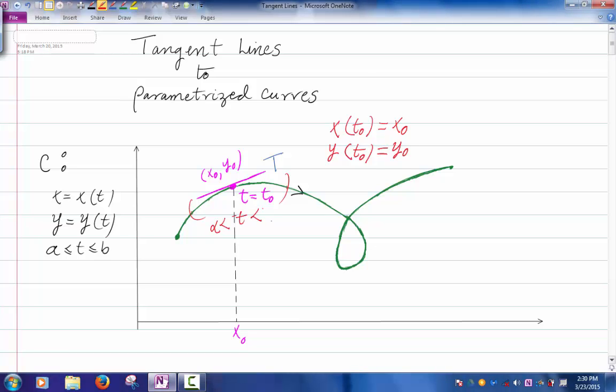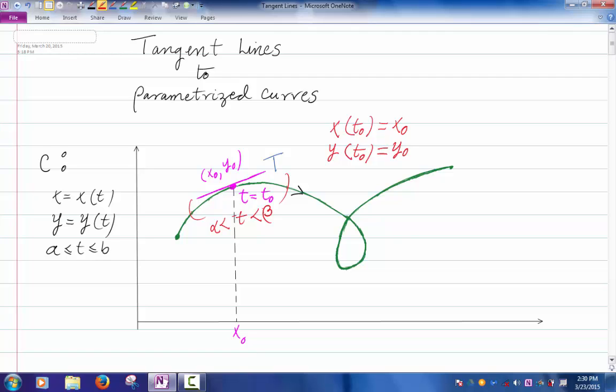So when t is between alpha and beta, let's say I obtain that small portion around the point x0, y0. Is my notation clear? So I am picking a portion around the point x0, y0, very tiny portion, and I'm going to say that portion defines y as a function of x.